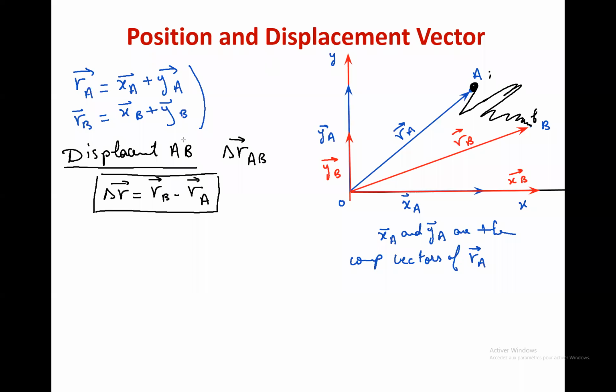Geometrically, a displacement is a vector between the initial position directed to the final position. We can choose, for example, green. So this is the displacement delta R AB.